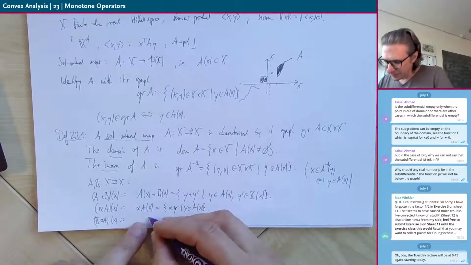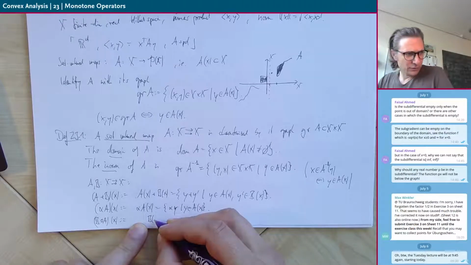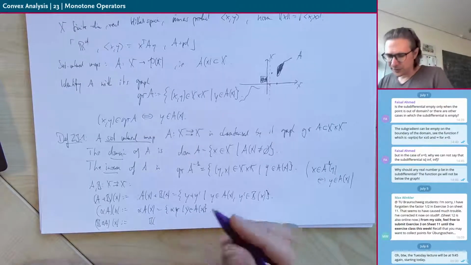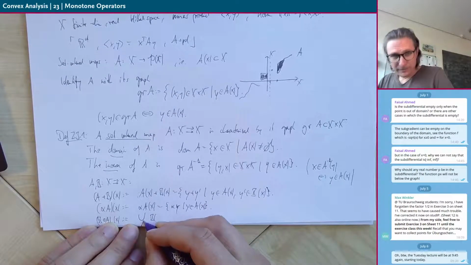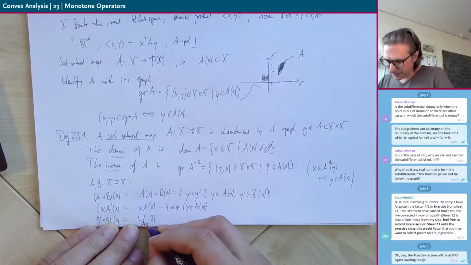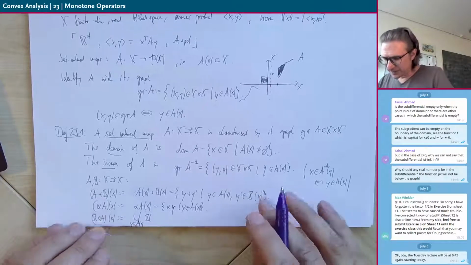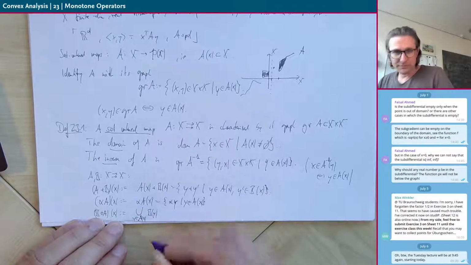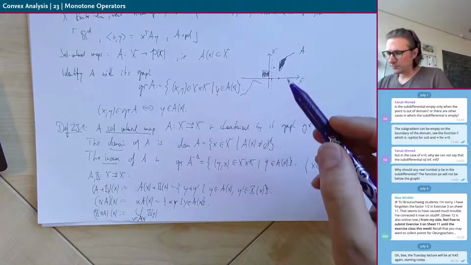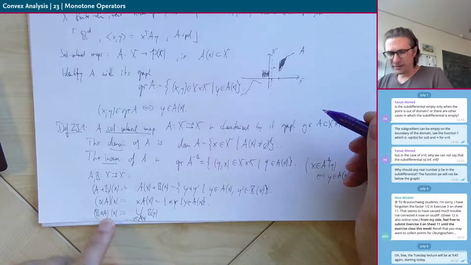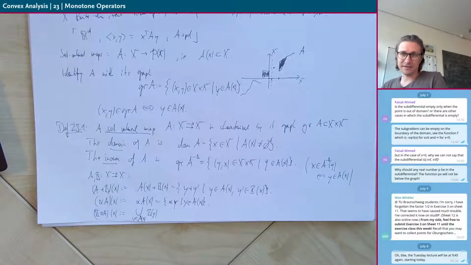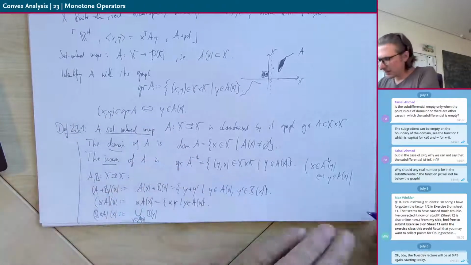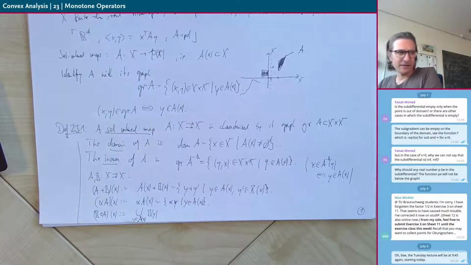First, you take the sets A of x, you consider all the points in that set, and then you just map them with B. So first you apply A to x, then you get a set, and then you apply B to everything which is in that set. So that's basically as simple as that. So these are set-valued maps.